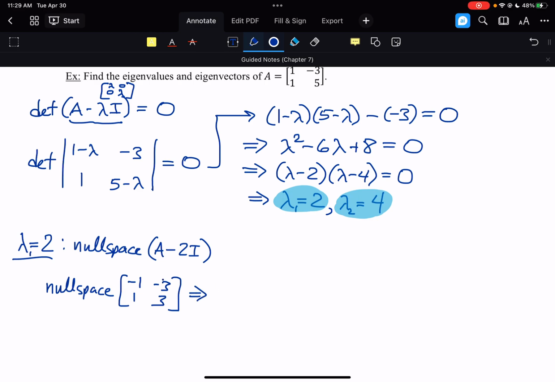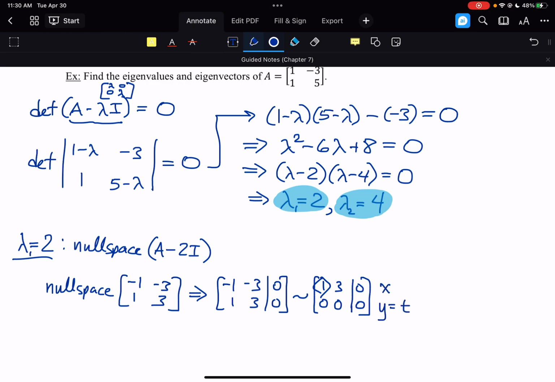The null space of this matrix, that's the same thing as setting all the equations equal to 0. And you can see very quickly here that that second row is going to disappear. We've got the pivot right there. So y will be a free variable.